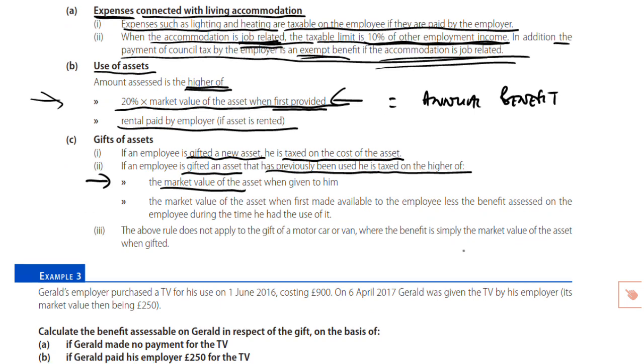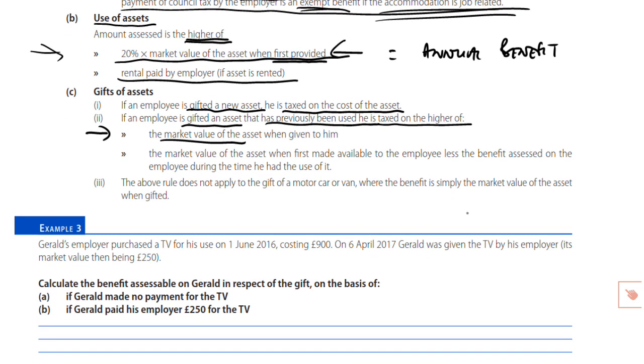Or, what is frequently the higher of these two figures, start off with the market value of the asset when first made available, so the original figure upon which the annual benefit has been computed. So that original market value made available to the employee, less any benefits assessed on the employee during the time he's had the use of it.